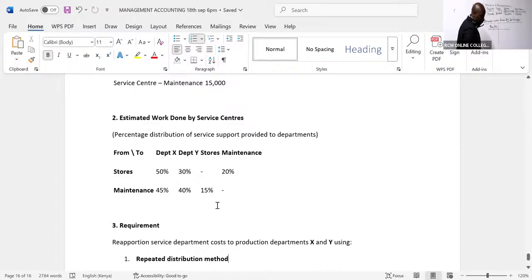Actually, what I should have done, this doesn't look nice. I should have done it like this: from, and then to. So from stores and maintenance, to department X, department Y, stores and maintenance.